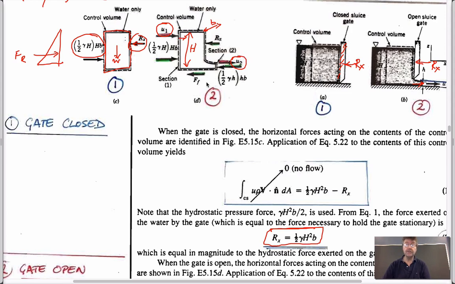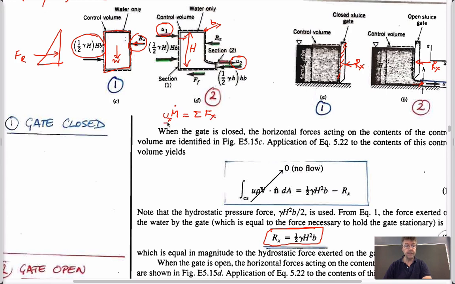And so now we can do the same balance using our expression. And so what we're going to do now is we're going to try and calculate the velocities times the mass flow rates are equal to the sum of the forces in the x direction.